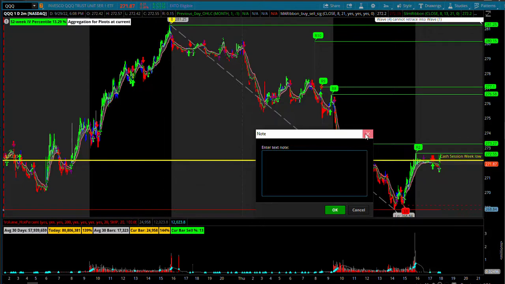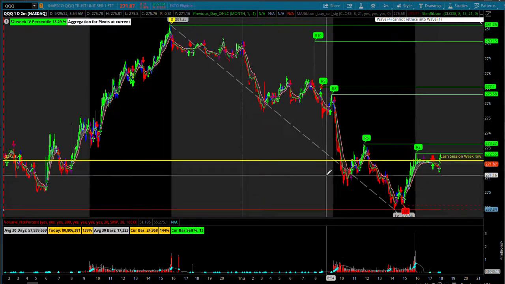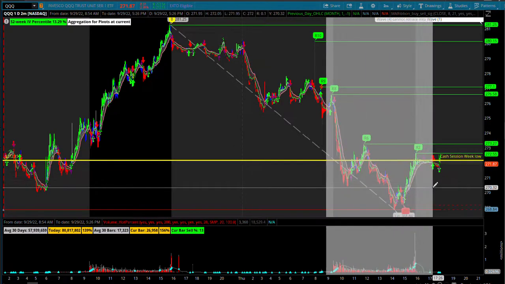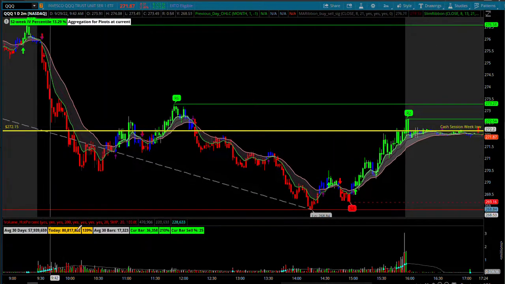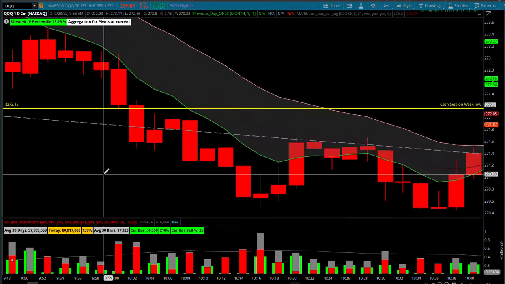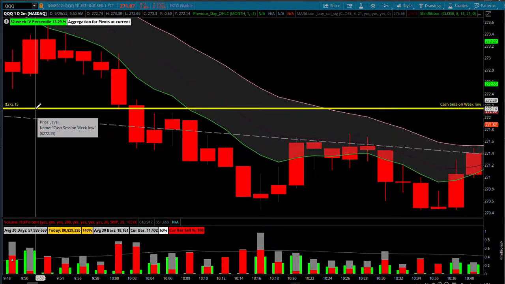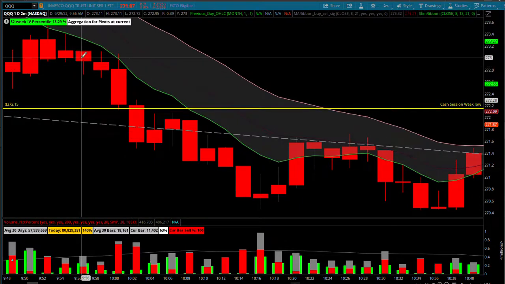So my thought was that, given what was going on in the price action, we were going to be taking out the current cash session lows for the week, based on my charts. So at 956, I went short the Qs in a big way.